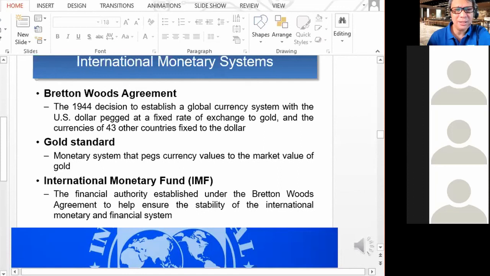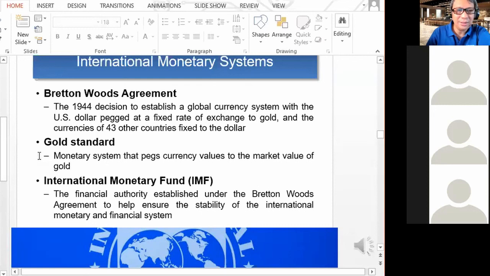A famous personality in the Bretton Woods Agreement is John Maynard Keynes. If you remember your economics, John Maynard Keynes was a member of the Bretton Woods Agreement. So many of the ideas implemented today are based on the ideas of John Maynard Keynes.